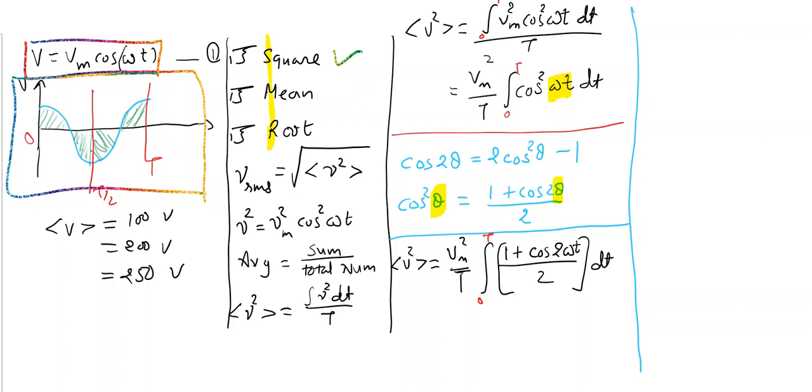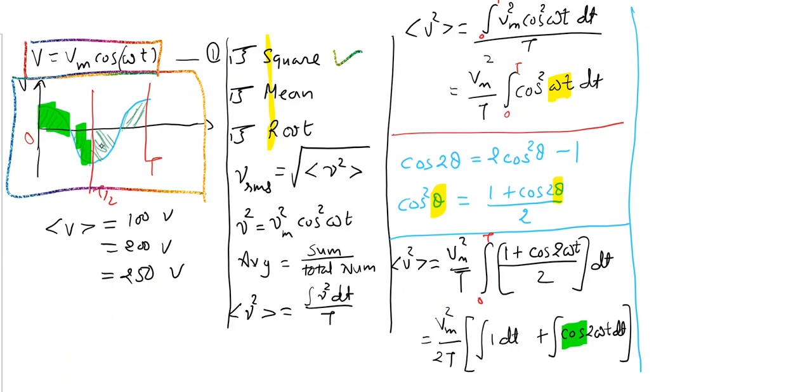Okay, so now I can take this 2 outside, and then what I'll have is Vm square by 2T, and I'll divide the integration into integration 1 dt plus integration cos 2 omega t dt. Now again, see, when you take integration of cos over one cycle, what you are doing is you are summing up all these values.